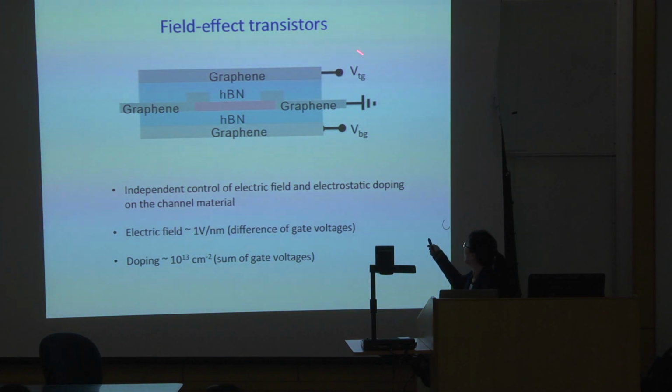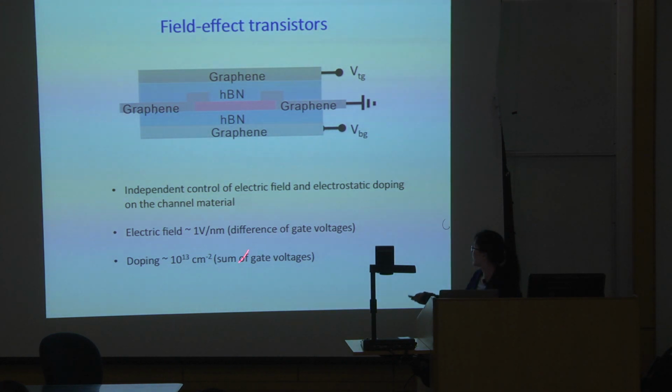So you can apply a top gate or back gate, and you can adjust the voltage on those. So we have 2 degrees of freedom, and you can do 2 things independently. One is to change the electric field perpendicular to the material, and another one is to change how many carriers will flow into the channel, right? So you can change electric field and electrostatic doping independently.